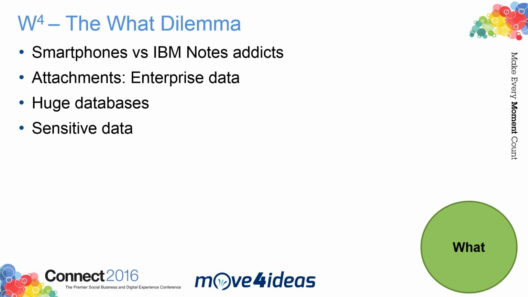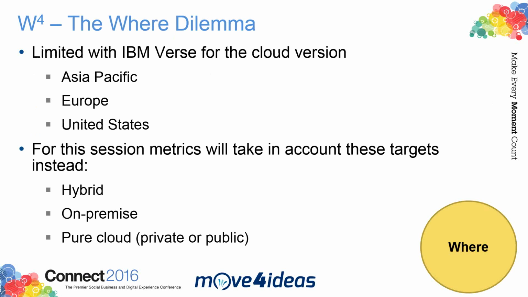So it was the second point, the who, the what, and now the where dilemma. So for Verse, you are quite limited. We do have a new platform right now, but at the time of the slide, we just have Asia Pacific, Europe, and United States.